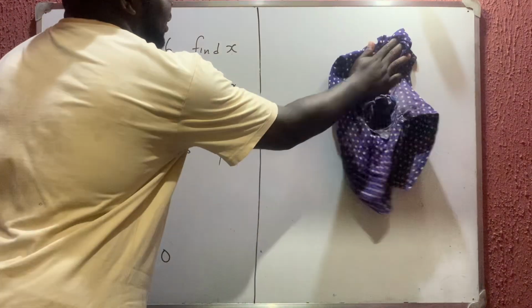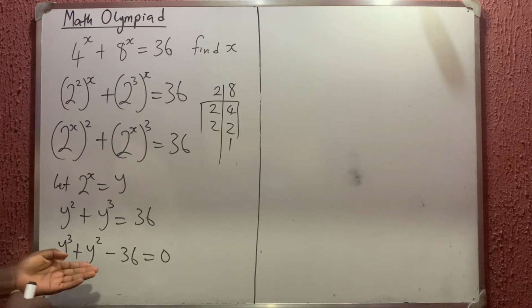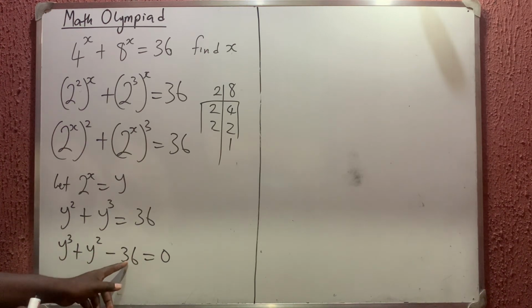Now having this, we can factorize. The first thing we do in the factorization method is to find all the factors of 36.